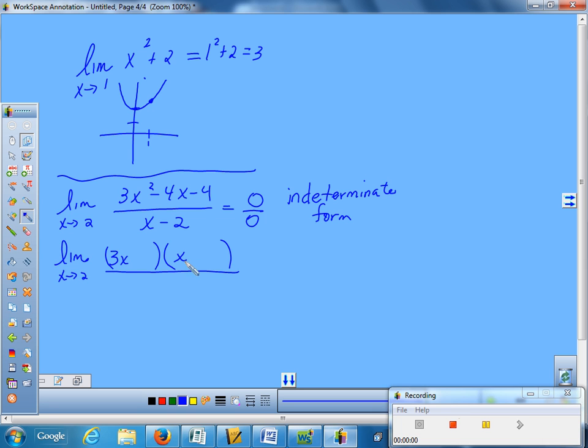Okay, 2 and 2, 4 and 1. Here votes for 2. That's going to give me 6x and 2x. Okay, negative on the right, so positive on the left. That'll give us a negative 6 and a positive 2, which makes negative 4 in the middle.